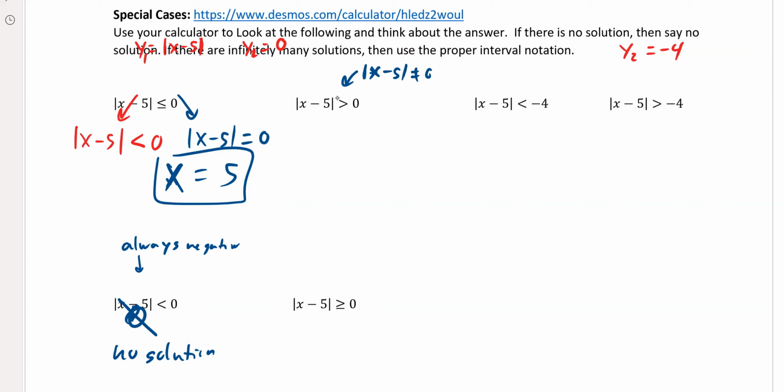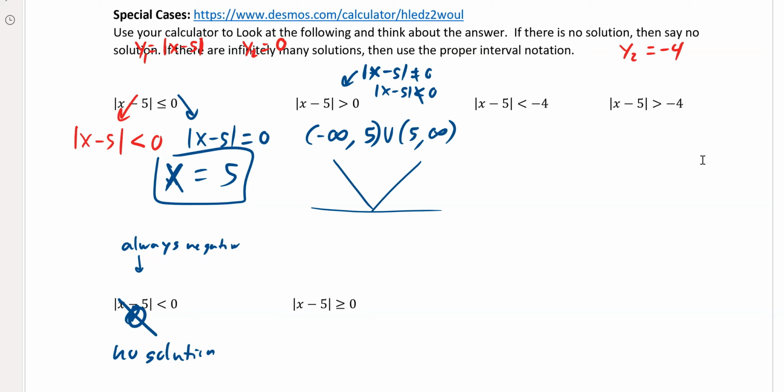So it's fine for greater than, and it also cannot be less than, right? So all we want is when is it bigger than 0. And so it's bigger from negative infinity to our 5, union 5 to infinity. So you're just listing those two situations.